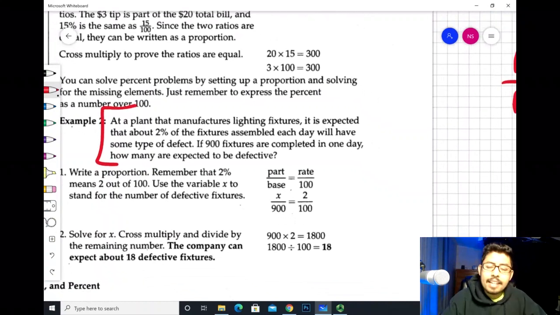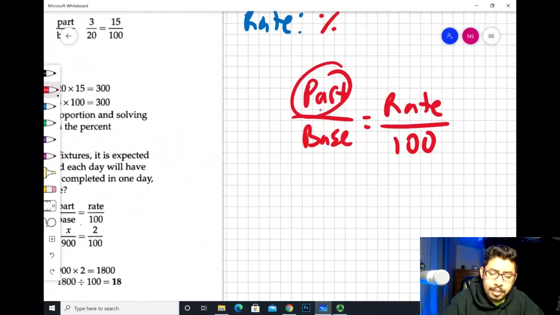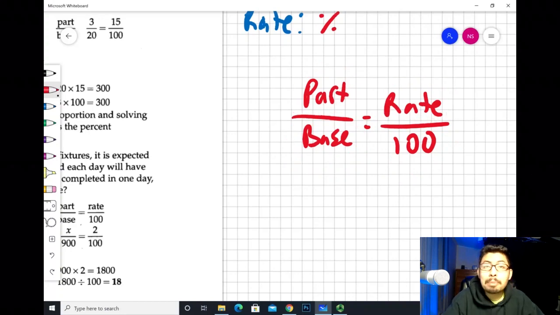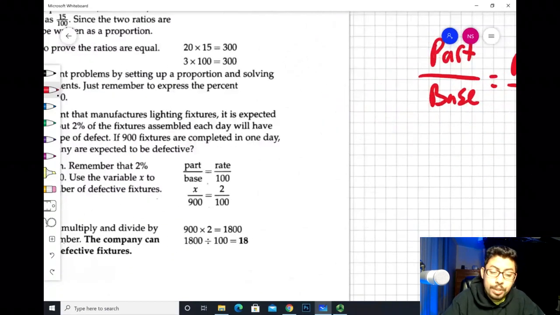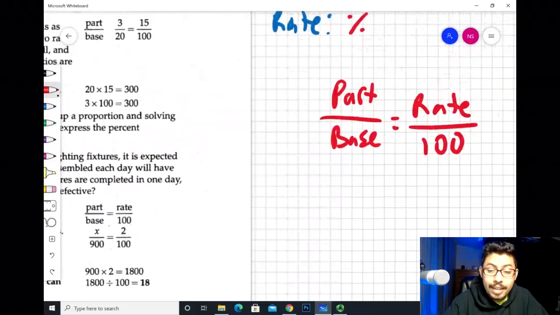So, like I said, we know the template. Part is always going to be over base, and rate will always be over 100. I always tell students, go to the easy one first, the rate. The rate is always going to be the percent in the word problem. Were we given a percent, or were we told to find the percent? Because that's also an indicator that the rate would be x over 100.